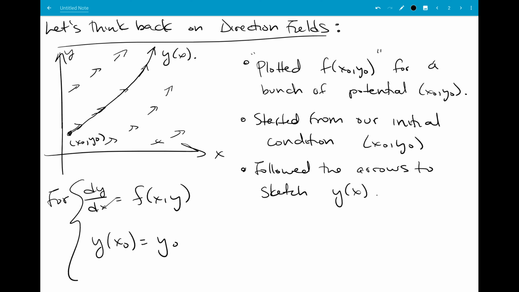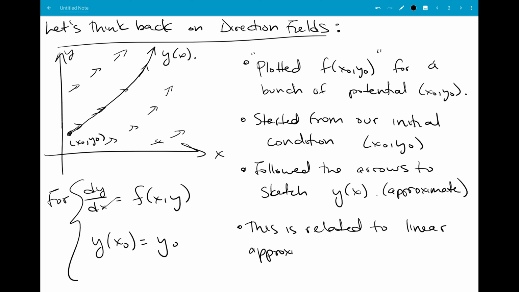And when we were sketching those curves, what we were doing is we were building an approximation. It is what the curve y(x) looks like, but when you sit down and do it on paper, you're making your best guess with the arrows that are available to you. And this whole process that we use is related to linear approximations as you learned them in your calculus classes.